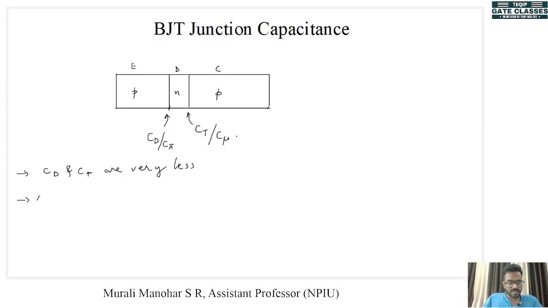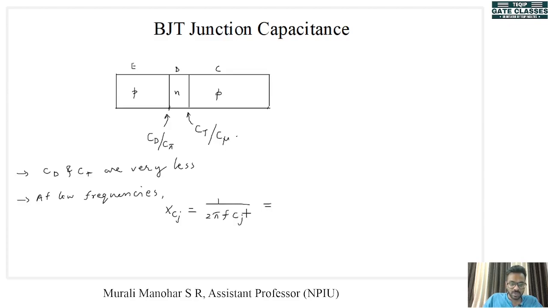At low frequencies, the reactance offered by CD and CT, let me represent that by XCJ. J means junction, so this means junction capacitance. It can be CD or it can be CT. This is equal to 1 by 2 pi F Cj.